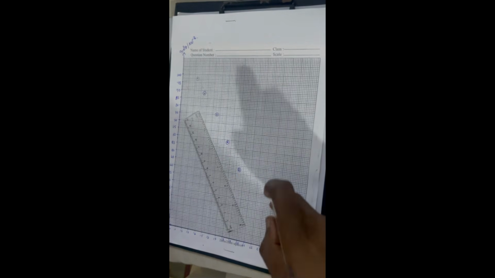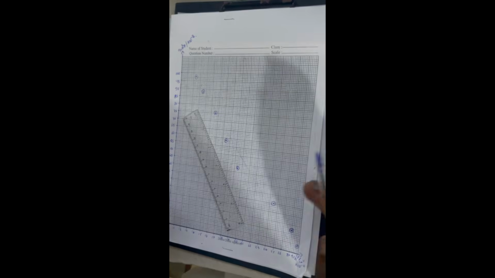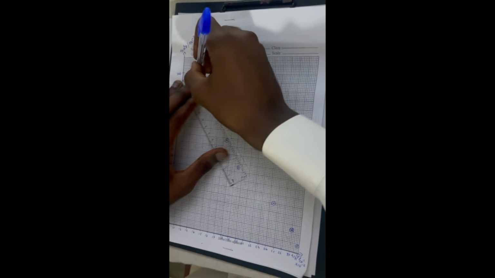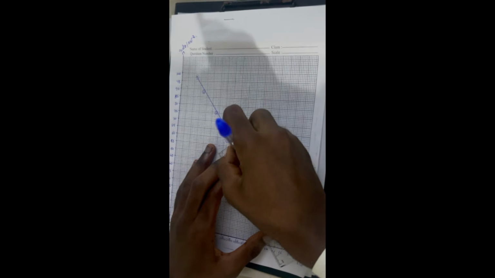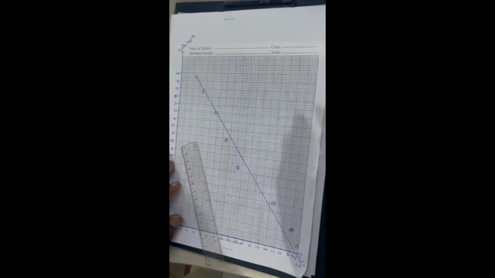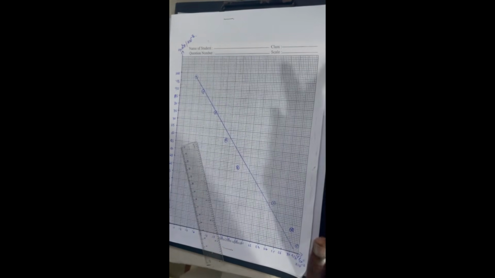If there is a region where there are three points above, there should also be three points below, and some points should be on the line. So our best straight line is something like this. You see that three are on top, three are down, and these two are on the line.